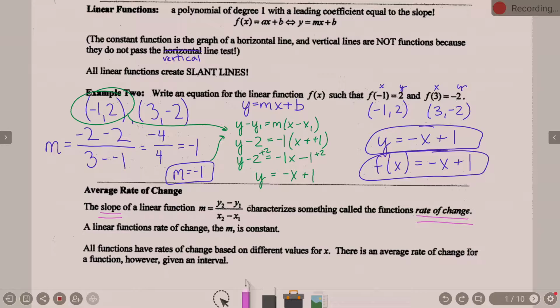And so that's what we're going to talk about here, that we can talk about average rate of change given an interval. So if we're asked, okay, what is the rate of change from 0 to 1? Or from 0 to 5? Then we can see, okay, what is the average slope on that section? Not that I should be using the word slope, but it's the average rate of change. So if you would, flip to the next page. Let's look at a few examples.